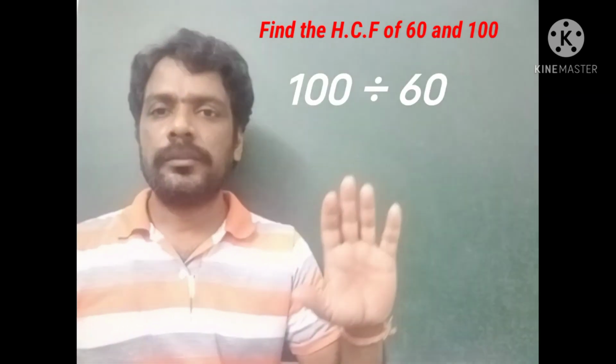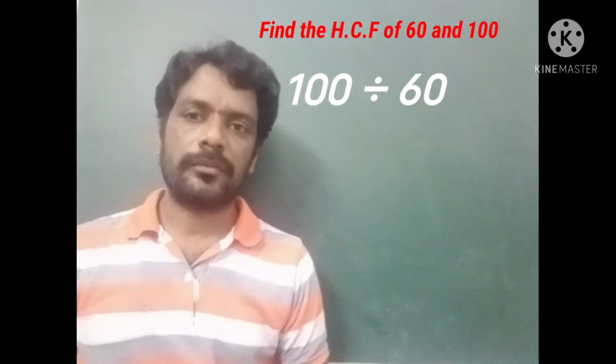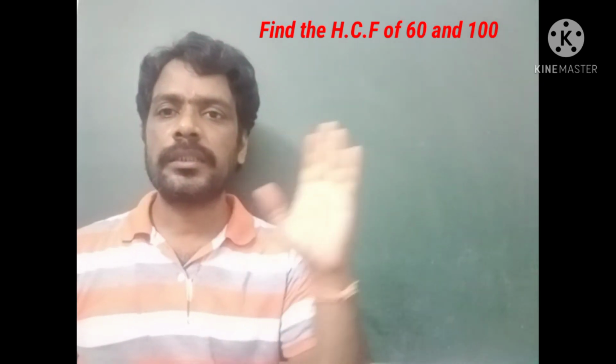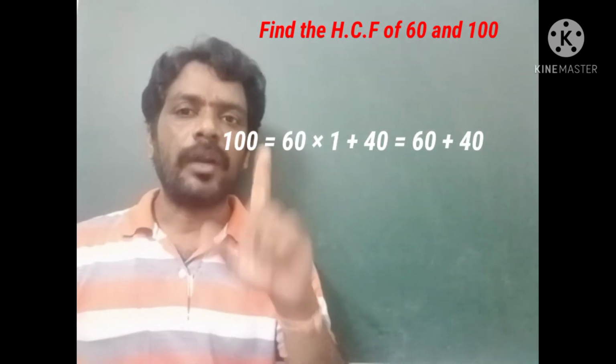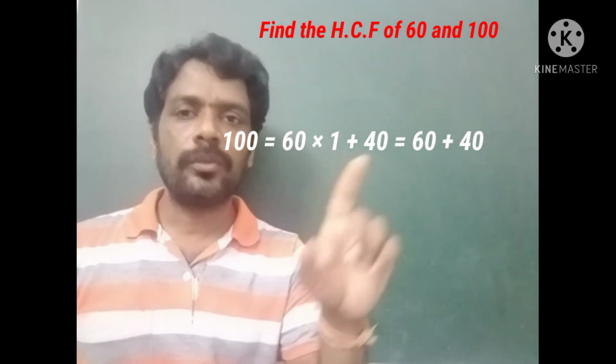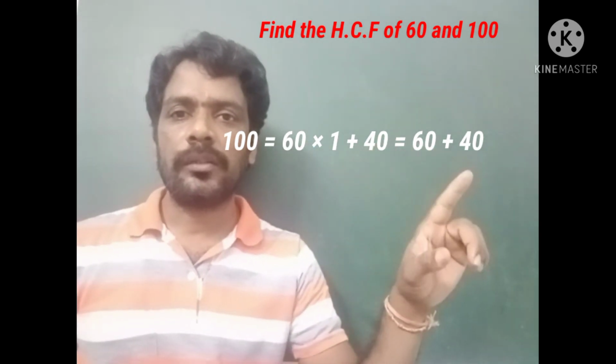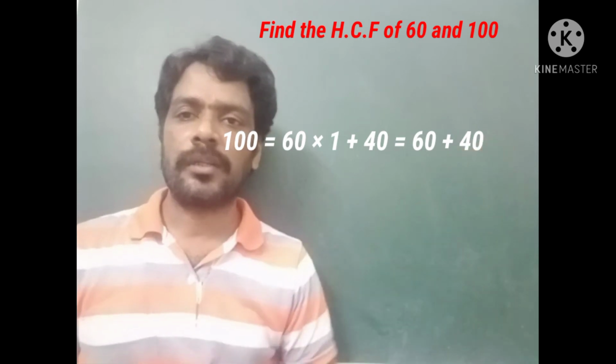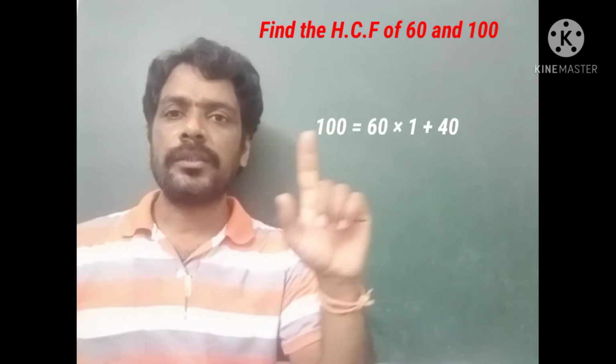So 100 is divided by 60. In 100, 60 is how many times? That is one time only. So 100 is equal to 60 into 1 plus the remainder 40.